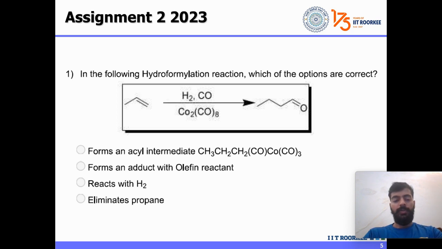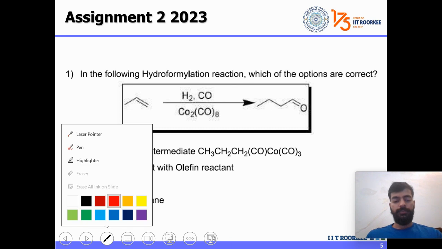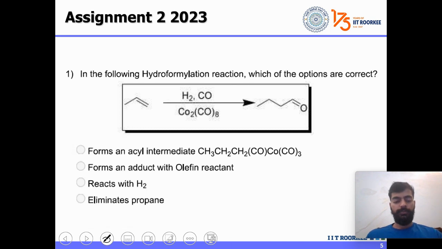We have the options: forms an acyl intermediate, forms an adduct with olefin reactant, reacts with hydrogen, and eliminates propane. Do we have a correct option here?